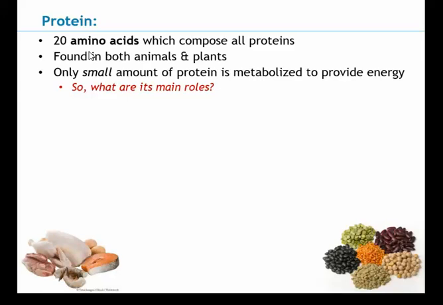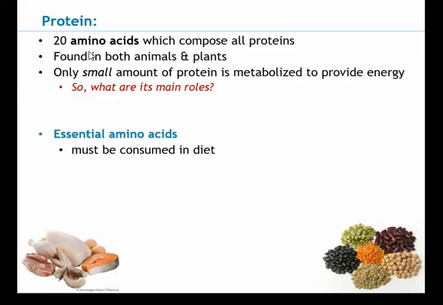So that's probably the main role: muscle building, muscle repair, and muscle integrity. And then it also helps to transport nutrients throughout the body. It helps transport hormones as well. And it does supply a little bit of energy in a fasted state. So when we don't have any carbs present in the body, then the body may turn to fat. May turn to protein, but we'll talk about that later.